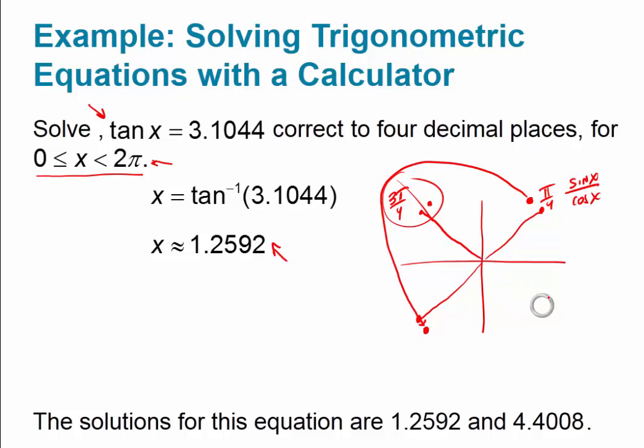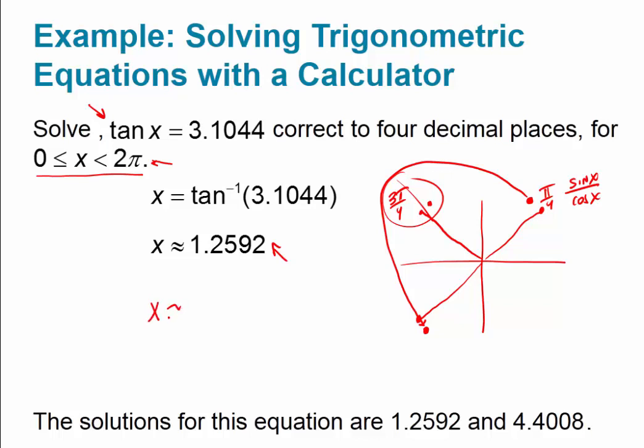The answer couldn't appear in this quadrant because it would end up being negative again. So there's just going to be two answers here. This is my first one that my calculator gave me. Now after I've done some thinking about this, to come over to this spot here, I realize I have to take this answer and add pi to it to get my second.